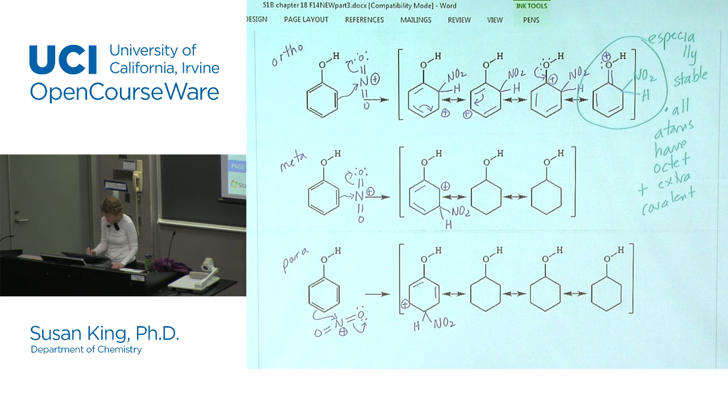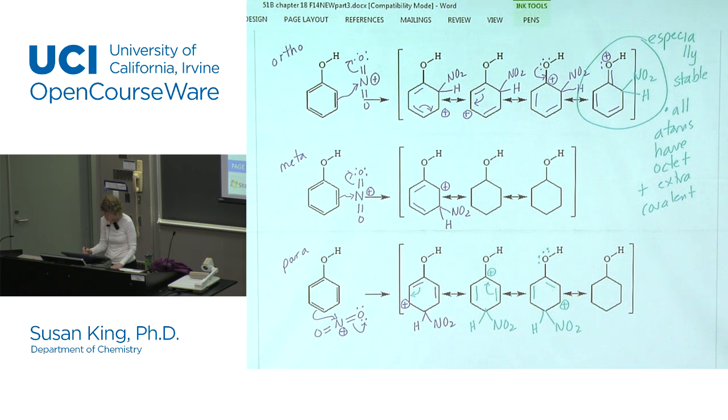And what we're going to see is the same thing is going to happen with the para. And then we're going to go here. And then we're going to get an extra resonance structure. I'll just draw it this way.